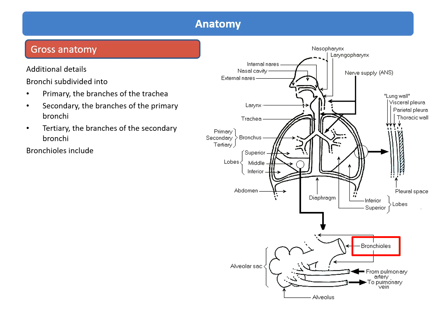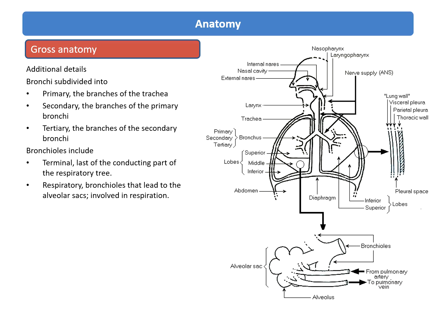The bronchioles are extensions of the tertiary bronchi, and they include terminal bronchioles, part of the conducting component of the respiratory tree, and the respiratory bronchioles. They lead to the alveoli, and they're involved in respiration. The respiratory tree includes the trachea and its branches. It's almost built like an upside-down tree.